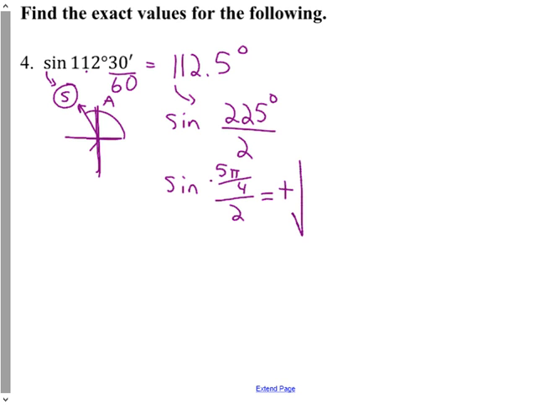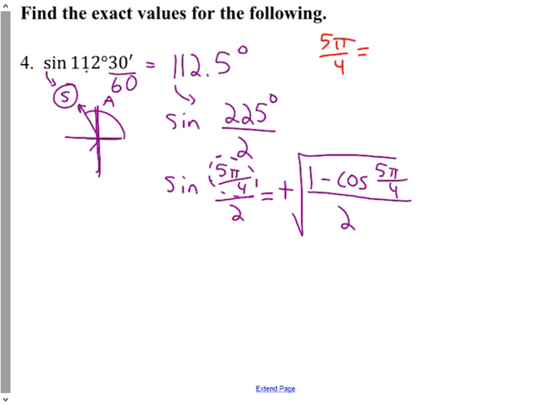And now filling in the rest of the formula, 1 minus cosine of just this top angle, this 5 pi over 4, all over 2. Now, we know that cosine of 5 pi over 4 is a fraction already. So we're going to end up with this complex compound fraction, pardon me. And so because of that, it's going to be a little tricky with simplifying.